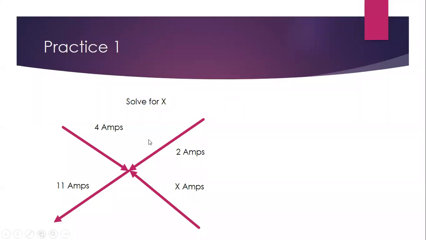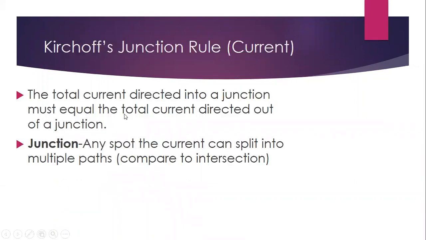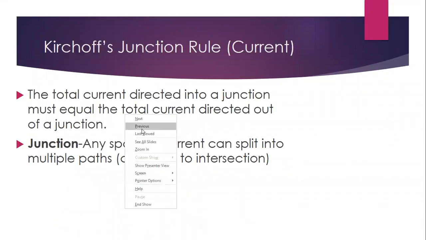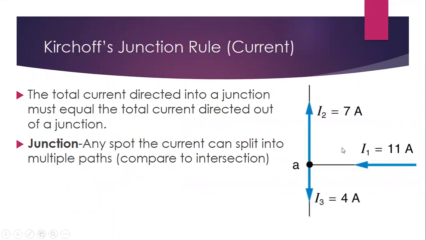So Kirchhoff's law basically states that in any junction or any intersection, the current going in must equal the current going out. If you look over here on this picture to the right, we have this current I1. It has 11 amps. When it hits this junction, 11 amps are going into this point A. And if we look at the two currents going out, 7 amps in I2, 4 amps in I3.